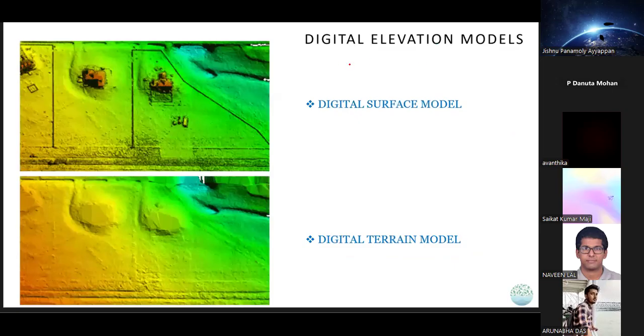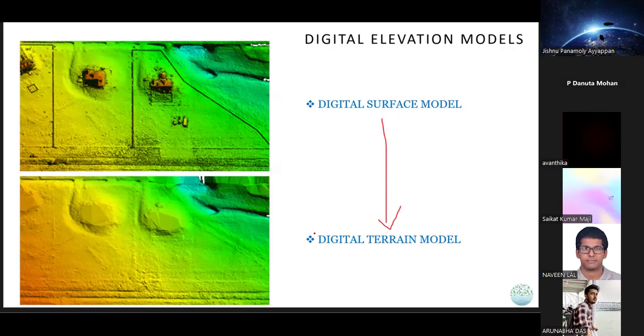These are the different digital elevation models. First is the digital surface model. There are a lot of buildings here, and this rectangle might be a truck or something. And you can see a trapezoid kind of thing here, which is the fence. When you generate a digital terrain model from the surface model, you get a bare earth surface where all the vegetation and man-made features have been removed.